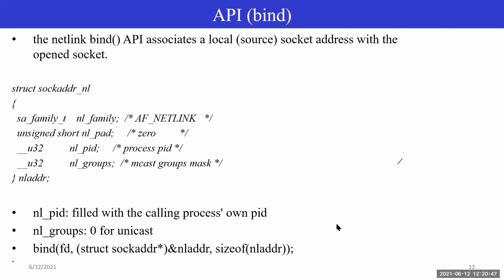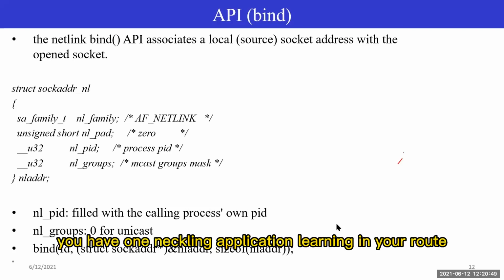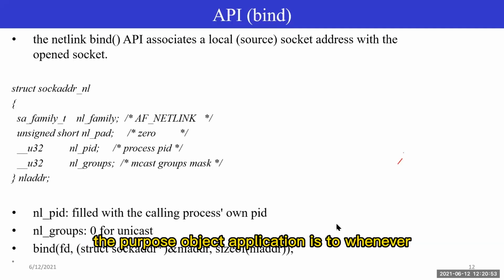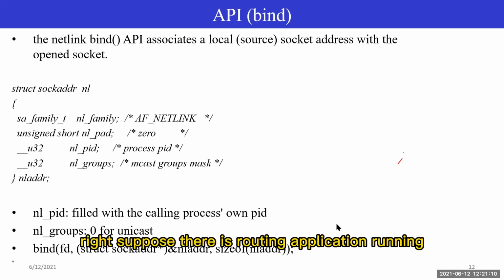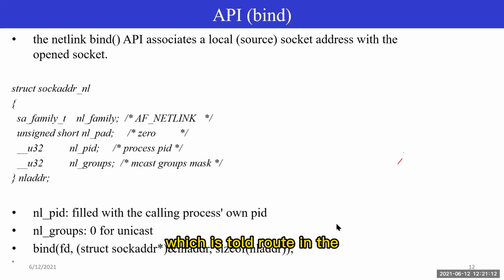Say you have one Netlink application running in your router. The purpose of that application is that whenever there is any change in the routing entry, it will get notified. Correct? It works both ways from the application also. Suppose there is a routing application running which installs a route in the kernel.